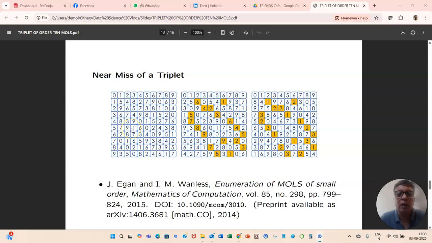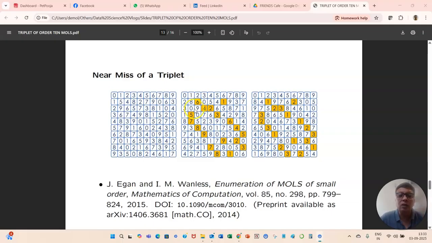We have a triplet of order 10 where all three are Latin squares. There is no duplicate in any row or in any column in any symbol, and the first and second Latin squares are orthogonal. First and third Latin squares are orthogonal. Second and third fail to be orthogonal because we have found duplicates.